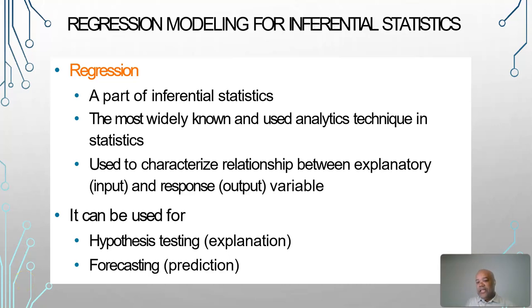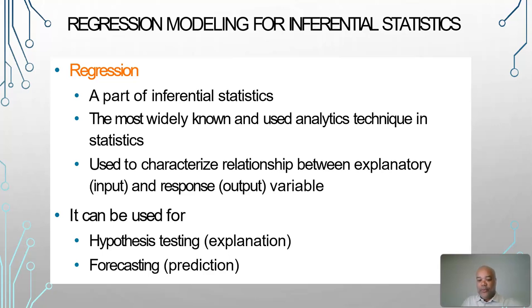Regression modeling serves two primary purposes: hypothesis testing and forecasting. In hypothesis testing, regression helps determine whether the relationship between variables is statistically significant, providing explanations for observed patterns and guiding decision making. For instance, a company could use regression to assess if customer satisfaction scores have a measurable impact on repeat purchases.